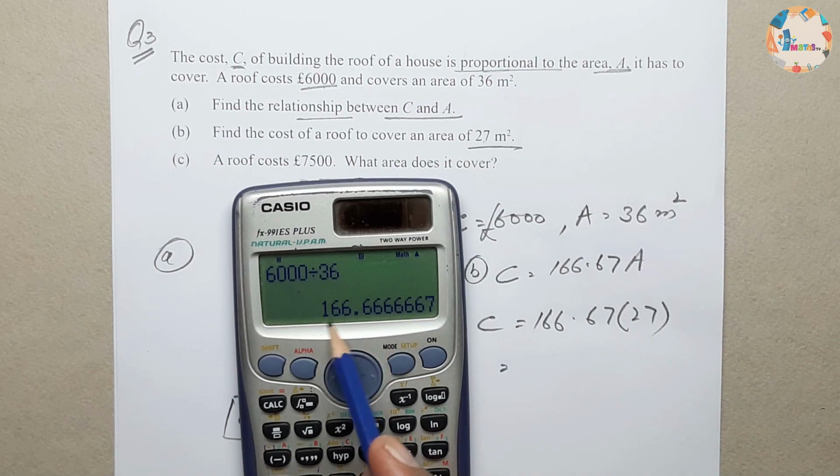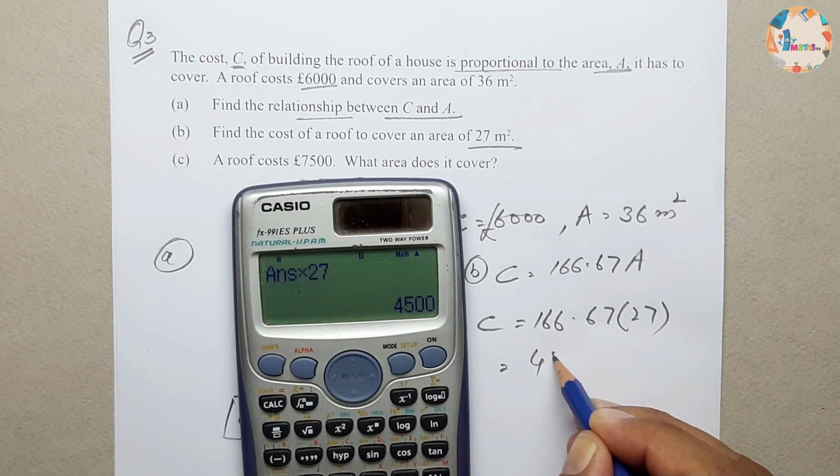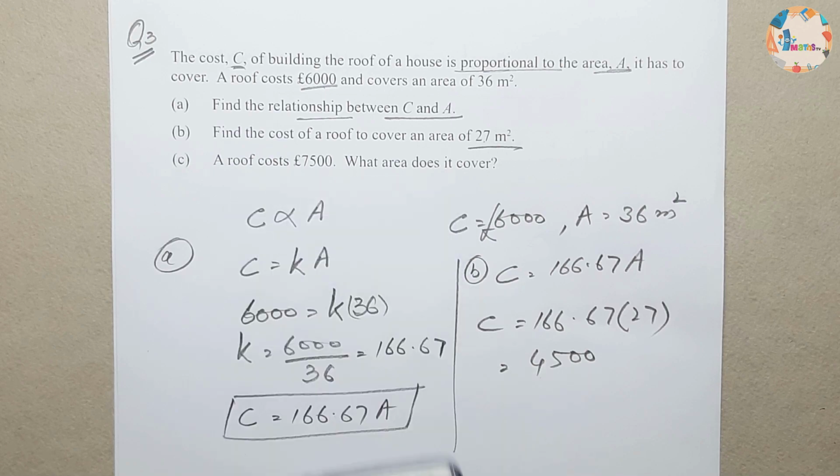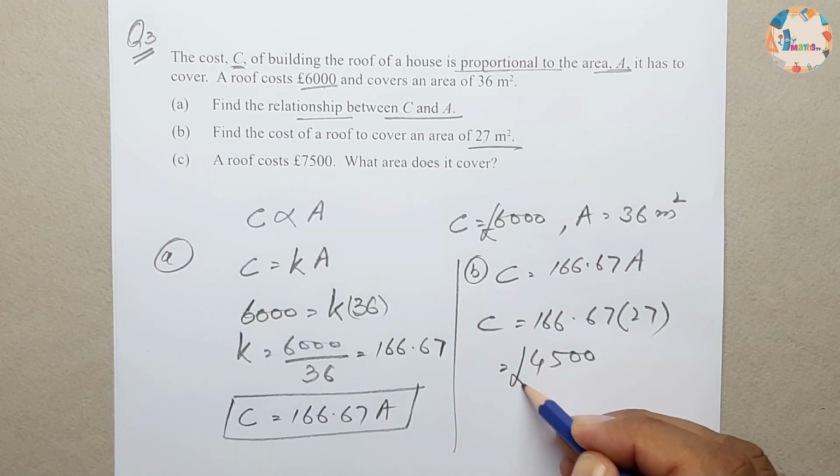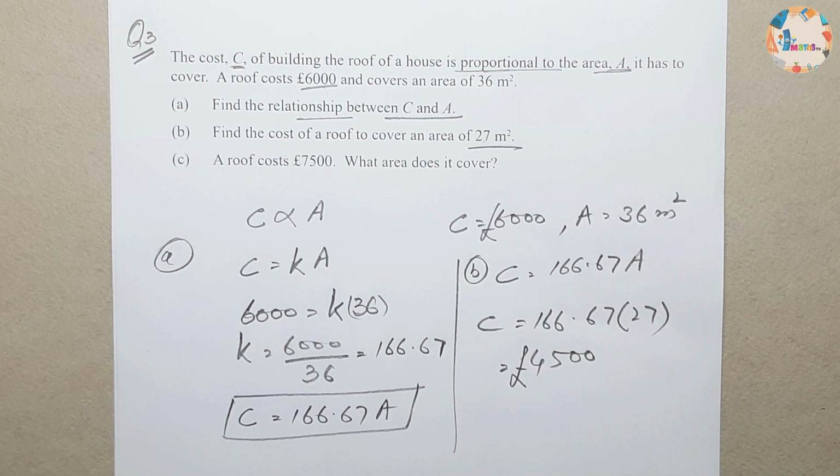We have this complete number, we will multiply this by 27, so this will give us 4,500. 4,500 will be pounds, so we can write it as pounds.